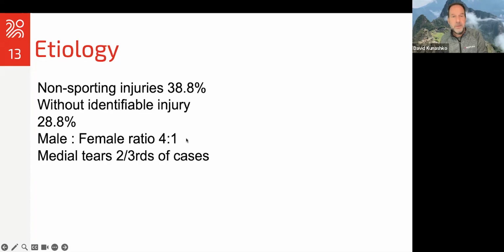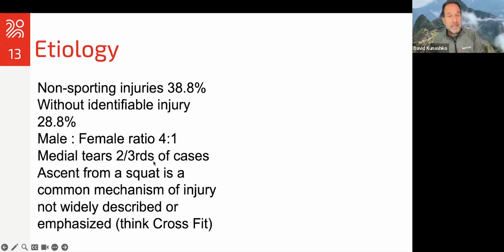So there's that too. Okay, most of the tears occur in the medial meniscus, about 2/3 of the cases. An ascent from a squat is a common mechanism of injury, not widely described or emphasized. You tend to think of things like CrossFit, those kinds of exercises, which can often lead to these injuries as well.